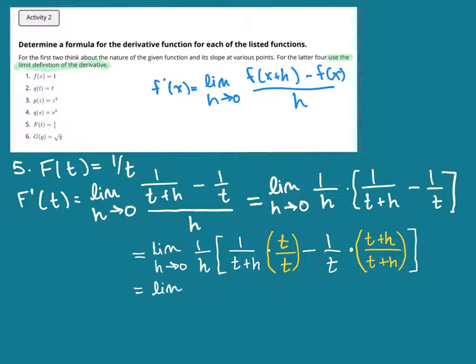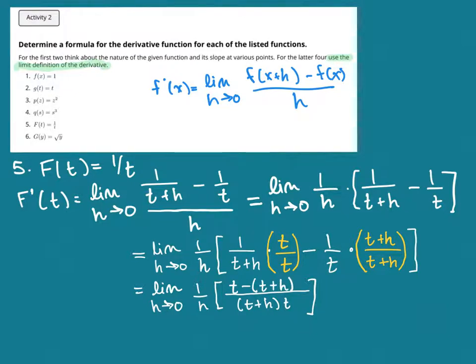So we are taking the limit as h goes to 0 of 1 over h times, well, the good news is we've made common denominators, right? Our new denominator is t plus h times t. And we can combine all our numerators. That looks like t minus the quantity t plus h.